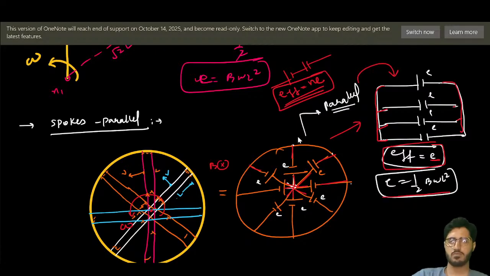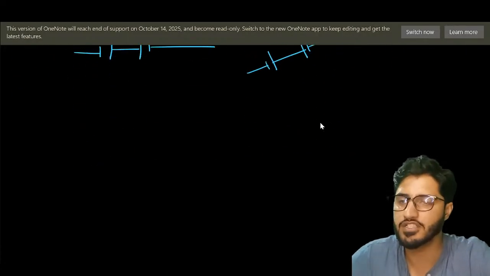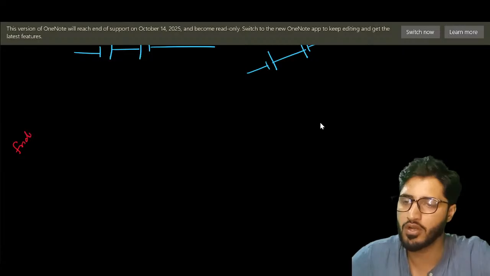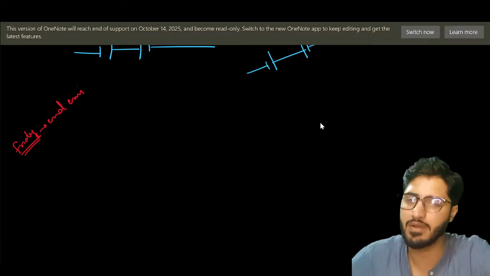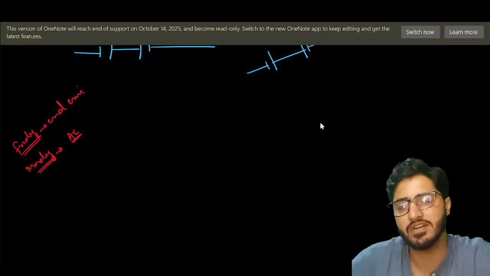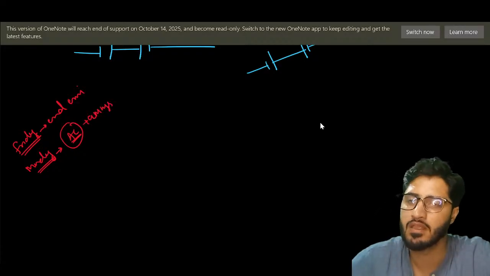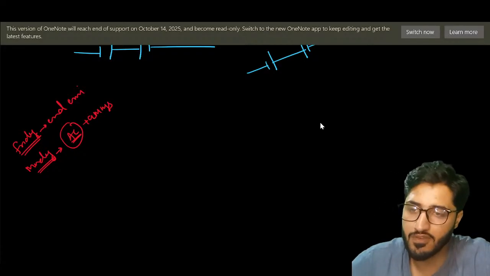Okay, now we are done. Tomorrow is Friday, and on Friday we will end EMI. Then from Monday we will start AC. In the next week we will start AC, and within 6 to 7 days we will complete AC plus EM waves.